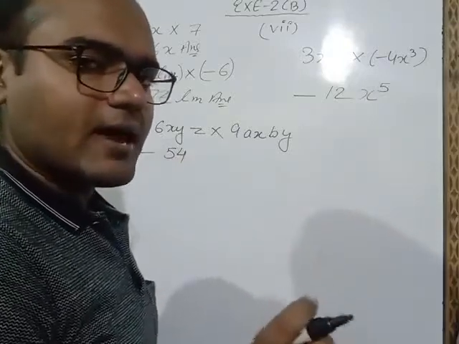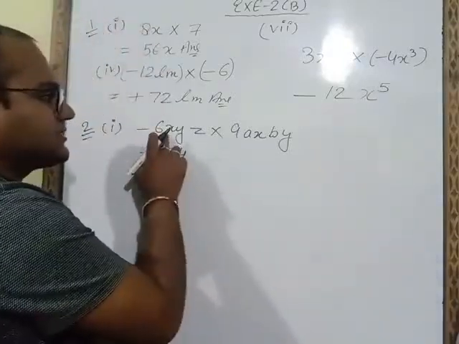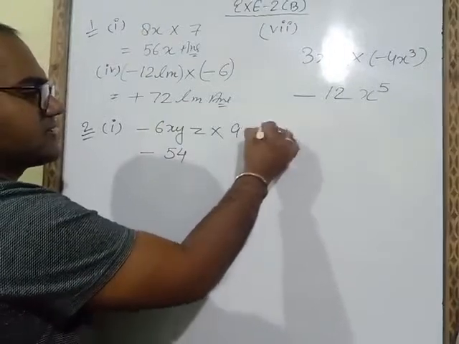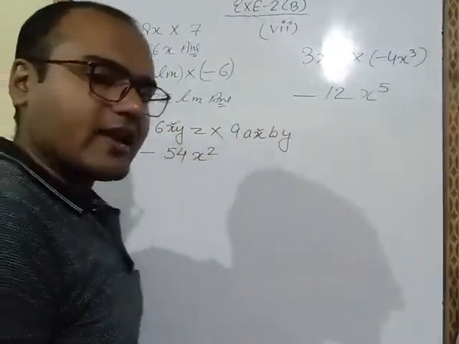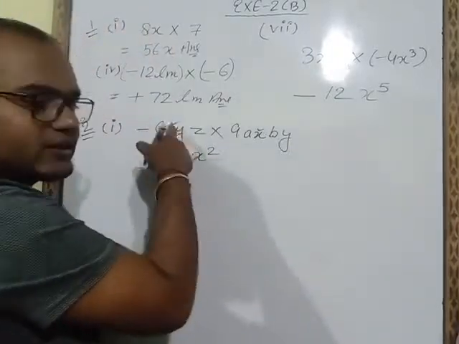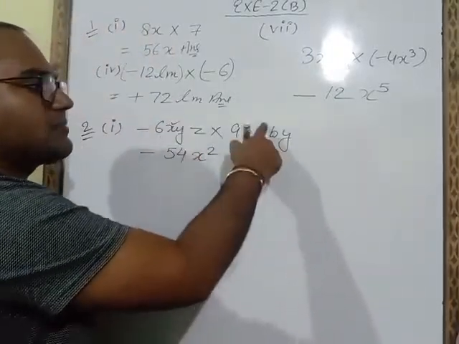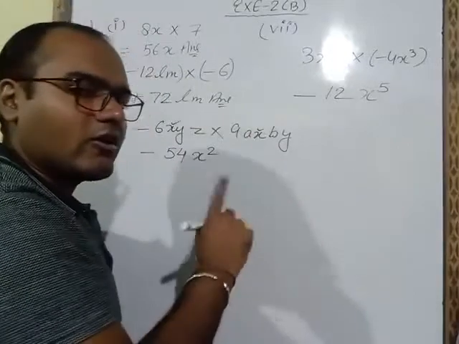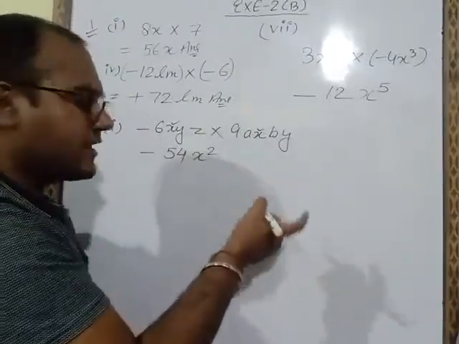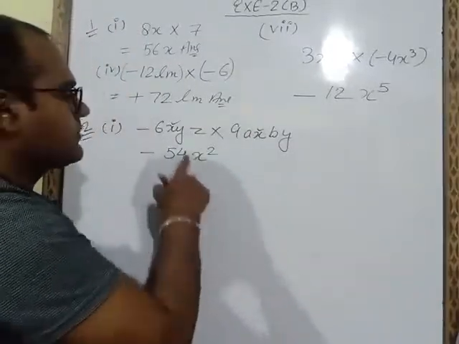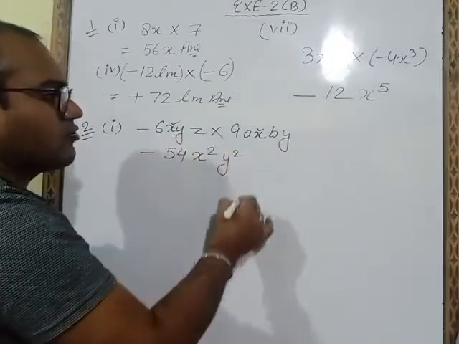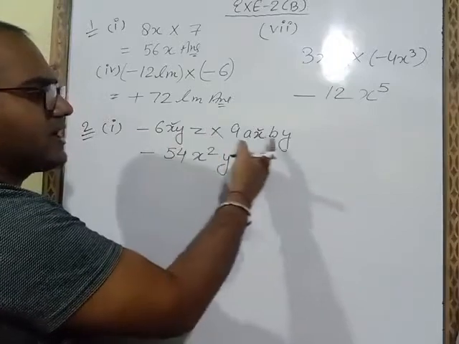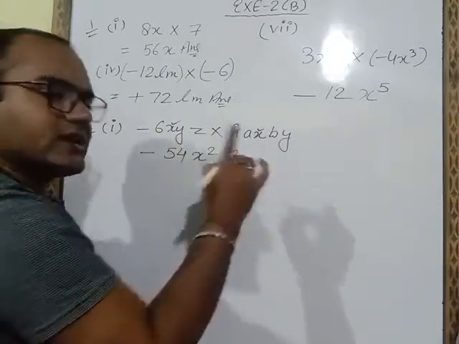Now we will multiply the alphabets. x multiply x will become x power 2. Powers get added. Here no power of x is written, so we take 1, and here also we take 1. On multiplication these two powers get added, so x power 2. y multiply y will become y power 2. z is not there in the second term, so we will take the single z only.